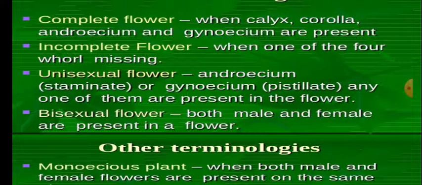Complete means when the calyx, corolla, androecium and gynoecium are all present. Incomplete means when any one of the four whorls is missing.